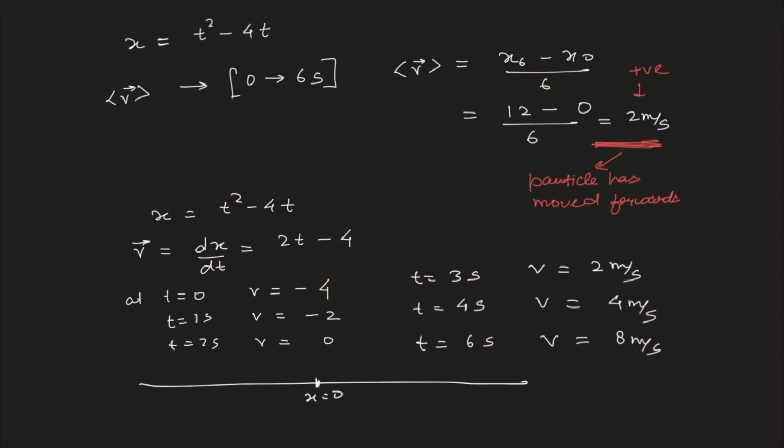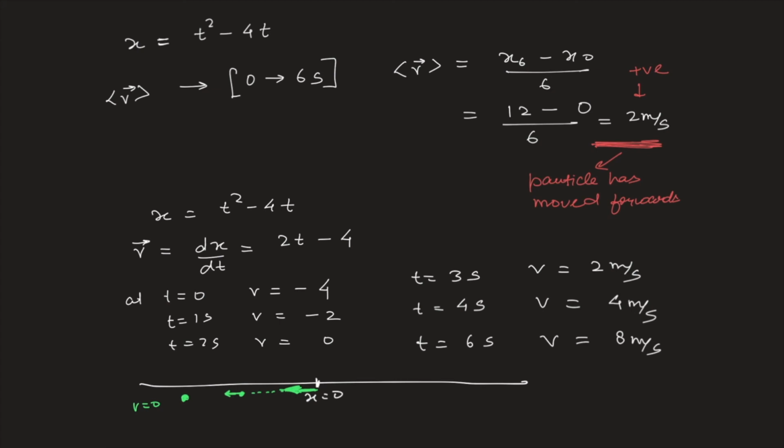So the particle is actually moving backwards with a speed of 4 meter per second. But as the particle moves backwards, the speed is decreasing. So here it is -4, but the speed here has decreased, that is -2, and at 2 seconds the speed becomes equal to 0, right?